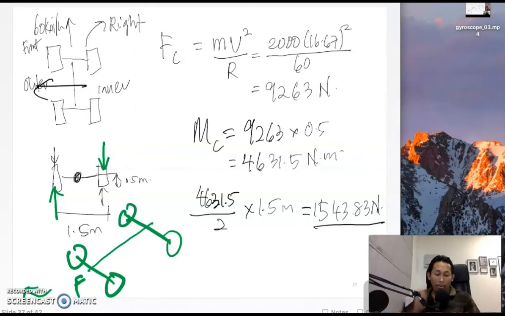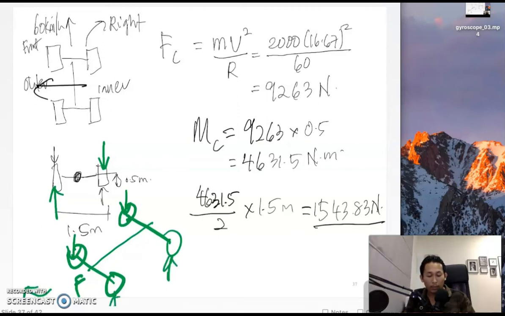So the centrifugal force will act on the inner and outer. So the inner will be downwards and the outer will be upwards. Okay, so the value is the same, 1543.83 Newton.